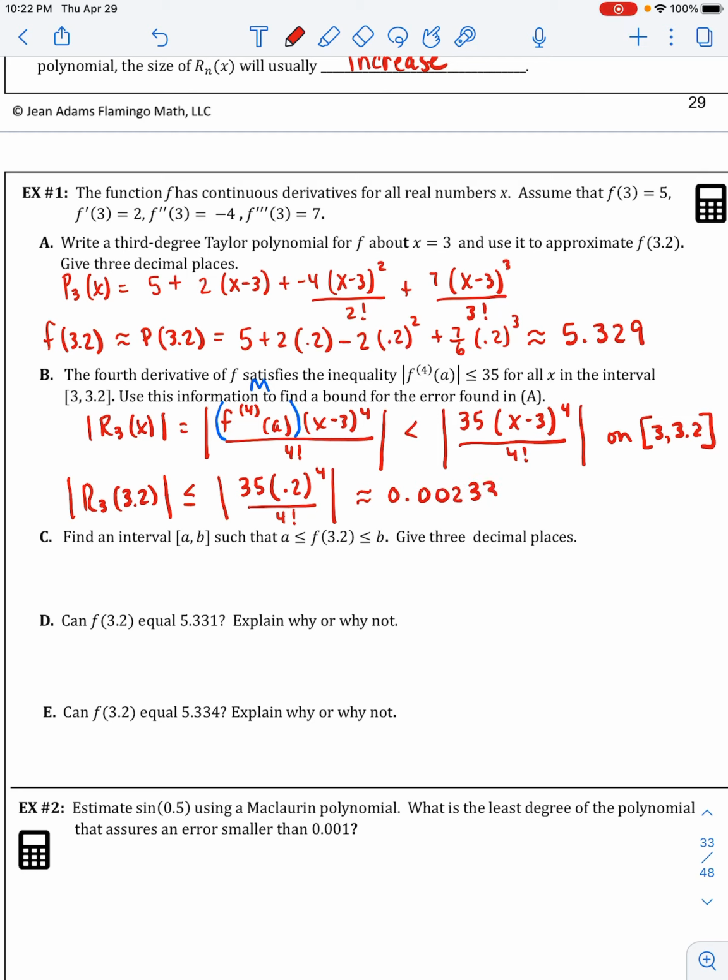And please pause the video and put this in your calculator. You should have gotten 0.00233.